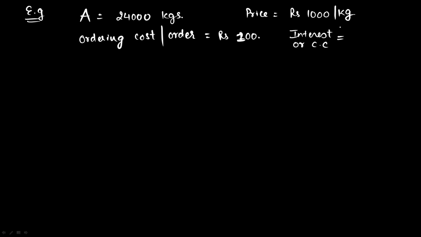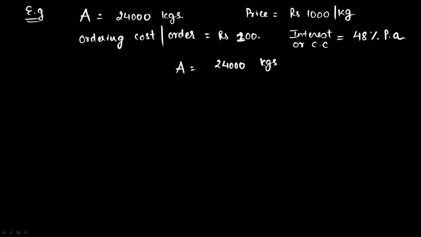Price is 1000 per kg and interest cost is 48% per annum, which is on a higher side, but just for not having any decimal, I am taking 48% per annum. Alright, what is A?